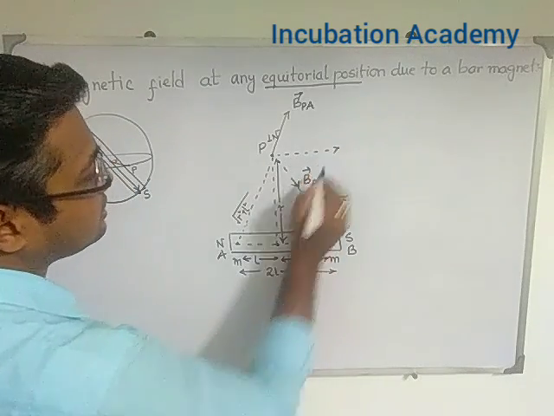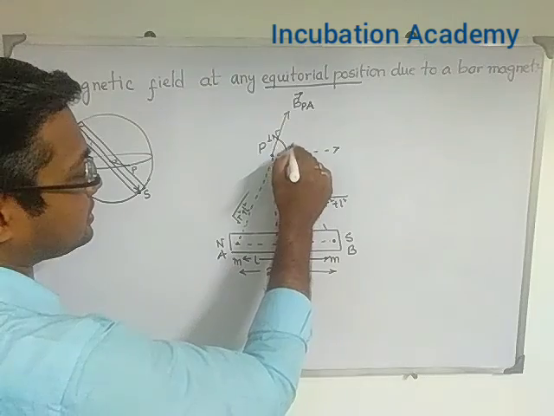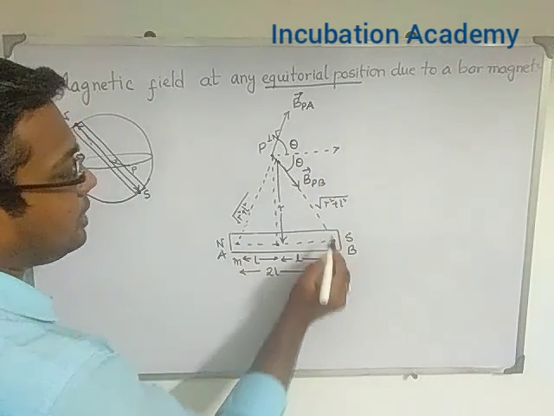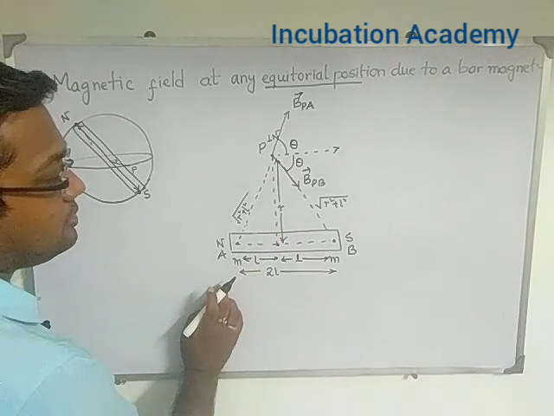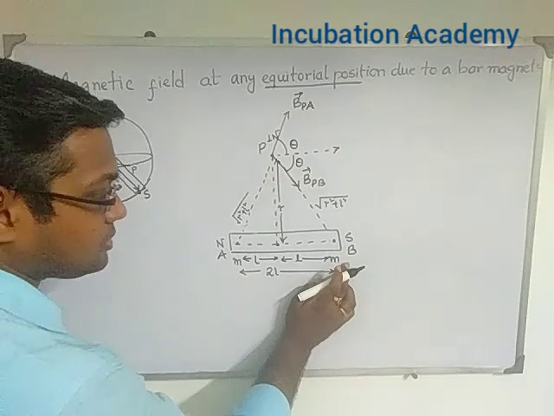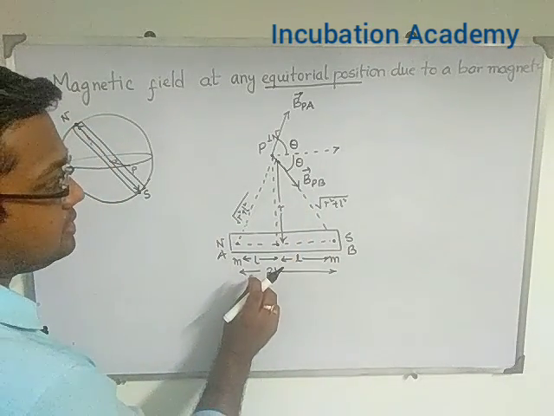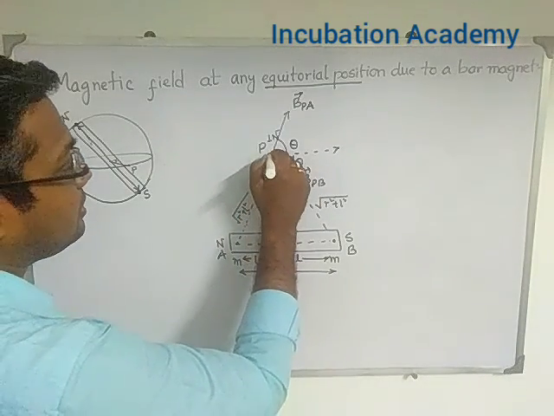If I consider this is the horizontal direction, the direction of the length of the bar magnet, it makes an angle theta, and here also the same angle theta. Why? Because here the pole strength is m with a north pole of unit strength, and here also the pole strength is m with a north pole of unit strength. So from symmetry we can say it is theta.